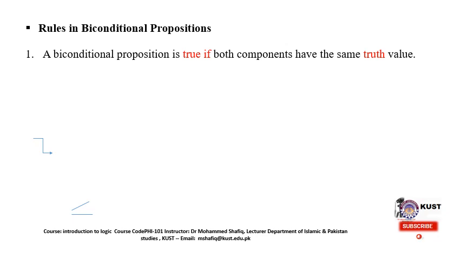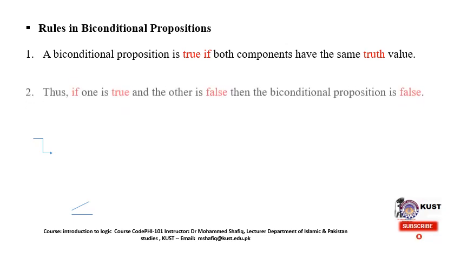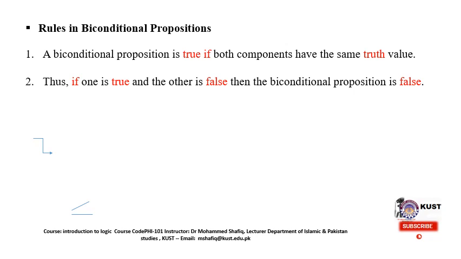A biconditional proposition is true if both components have the same truth value. Thus, if one is true and the other is false, then the biconditional proposition is considered to be false. Now, we can state this in the form of a biconditional proposition.